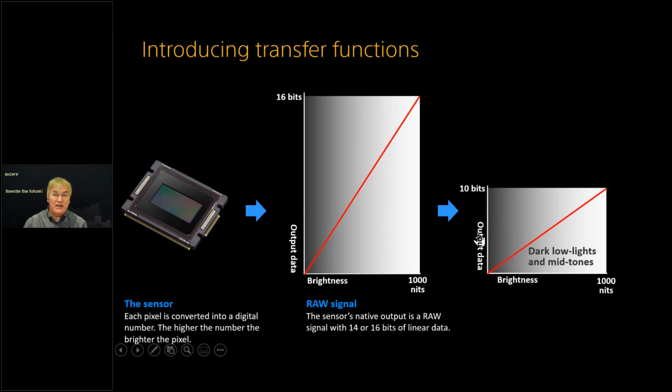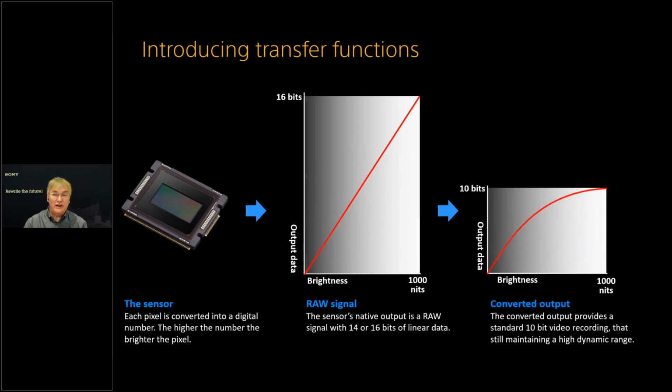So remember the characteristics of the human eye. What we're going to do instead is to introduce this curve that in some ways copies the way that the human eye works to retain a lot of the brightness down here in the lowlights and the mid-tones as we had coming out of the sensor.